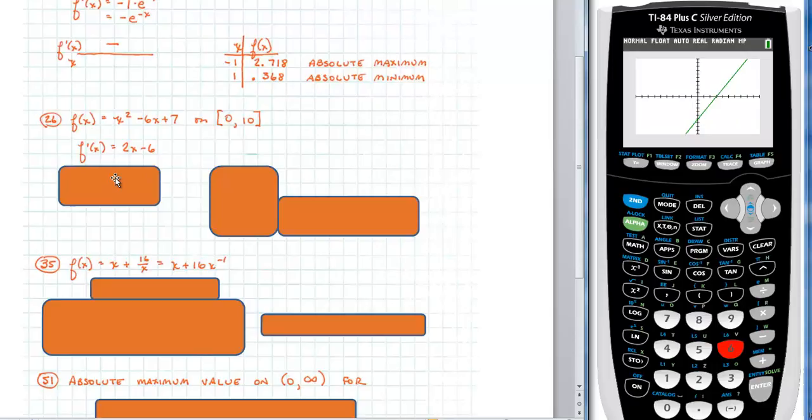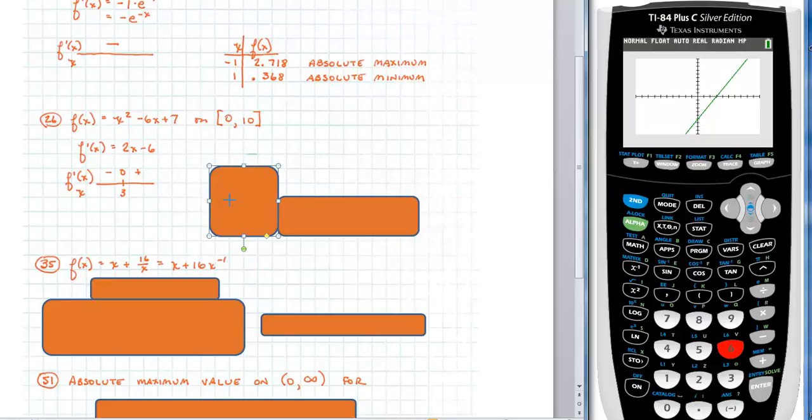So if I do my sign chart, see if you agree. At the x value of 3, my f prime is negative before that, it's 0 at 3, and it's positive afterwards. Since 3 is in this closed interval, I have to account for it.